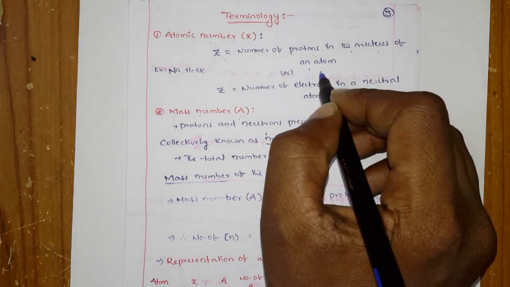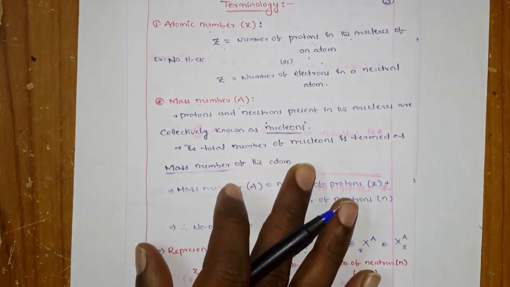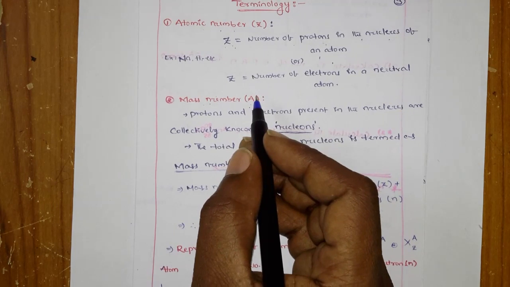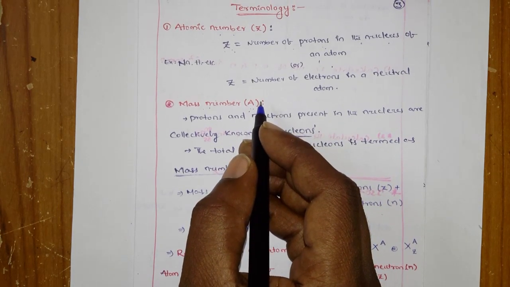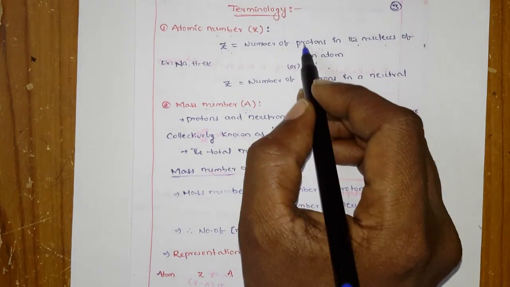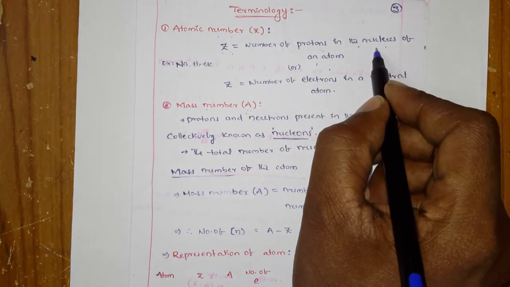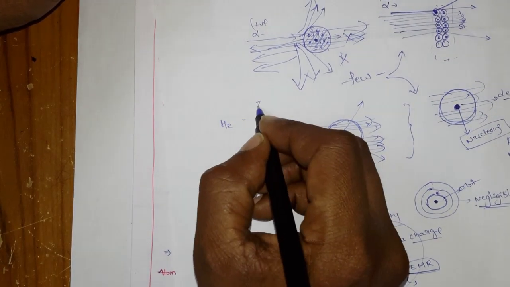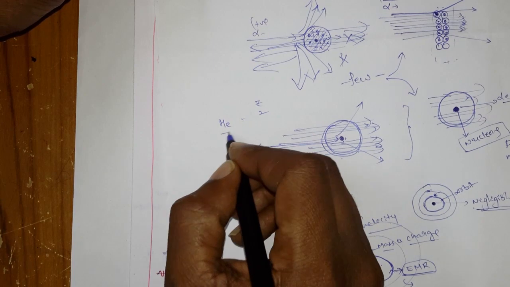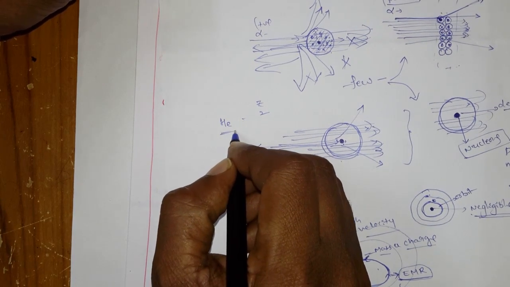Take an example, hydrogen. What is its atomic number? It is 1, which means there is 1 proton in the nucleus. Come to helium: Z is 2, which means it has 2 protons.